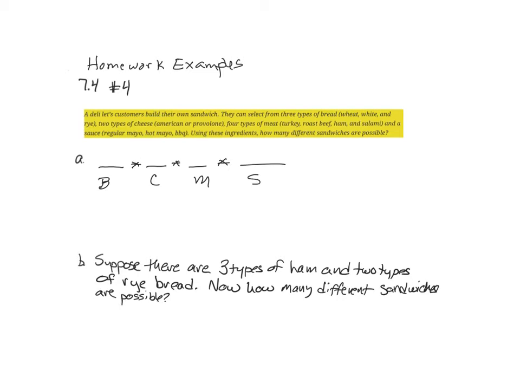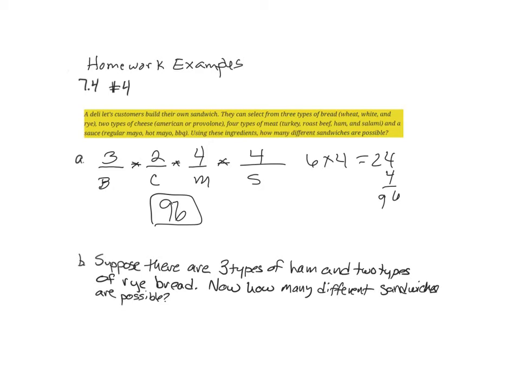So we see there are 3 types of bread, 2 types of cheese, 4 types of meat, and 4 types of sauce. So we have 3 times 2, which is 6, times 4 is 24, times 4 more is 96. So there are 96 different sandwich possibilities based on part A.